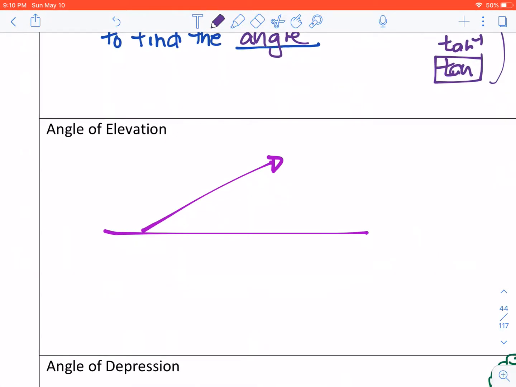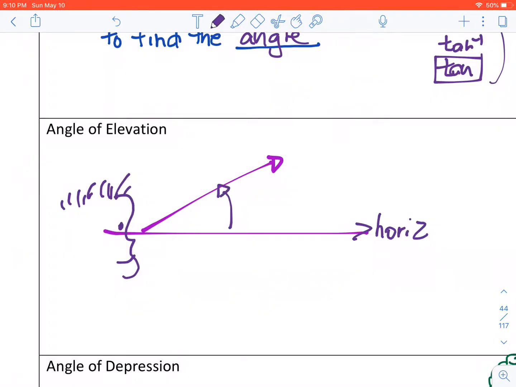Before we do that, two phrases that you need to be aware of. If your face, with a little buzz cut, looks upwards from the horizon, then we call that an angle of elevation.